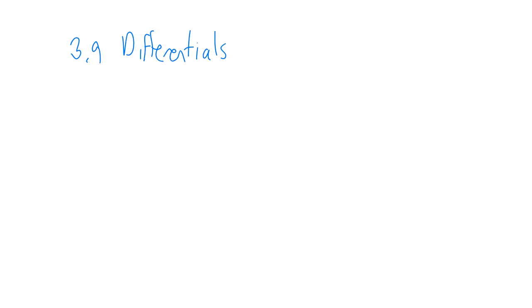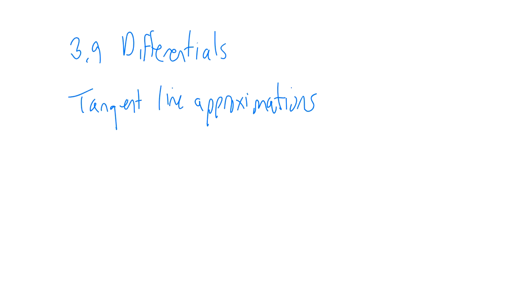The first thing we're going to be talking about is what are called tangent line approximations. And tangent line approximations, guess what? We're going to be using the derivative, the same thing we've done with all the different sections in chapter 3.